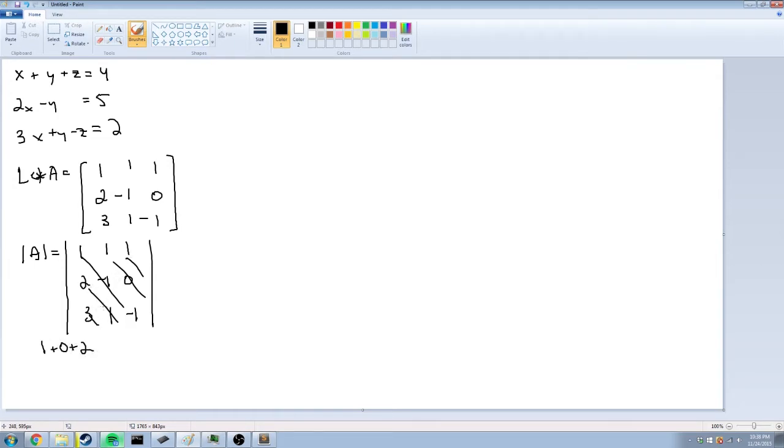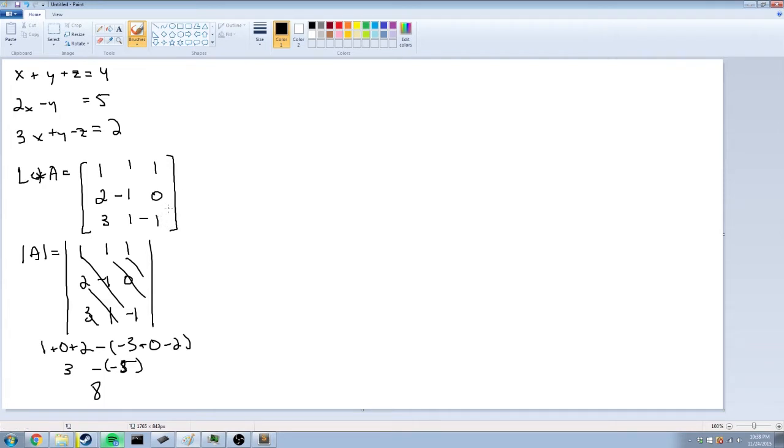And then we subtract by going bottom left to top right. So 3 times negative 1 times 1 is negative 3. And 1 times 0 times 1 is 0. And then negative 1 times 2 times 1 is negative 2. So then you simplify this. This is negative 5. So then the determinant is 8.